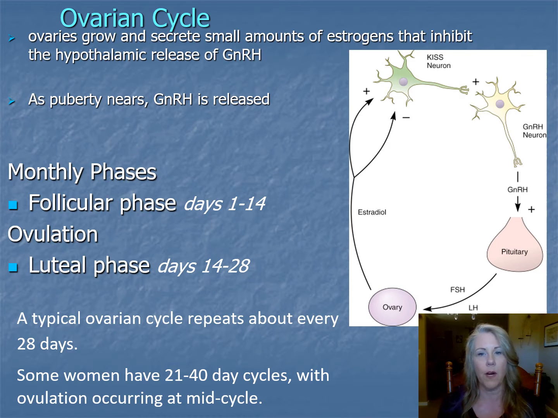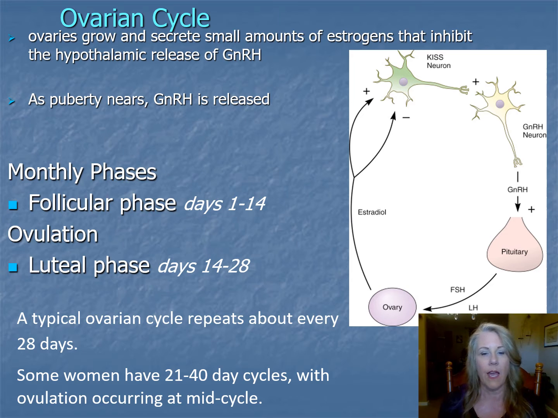Now, why am I so specific with the days? A typical ovarian cycle repeats about every 28 days. You're going to read in your textbook about the 28 days. That's the way we teach it. That's an average, okay? The 28 days is just an average. Some women will have an ovarian cycle anywhere from 21 days to 40 days, with ovulation happening somewhere right in the middle.